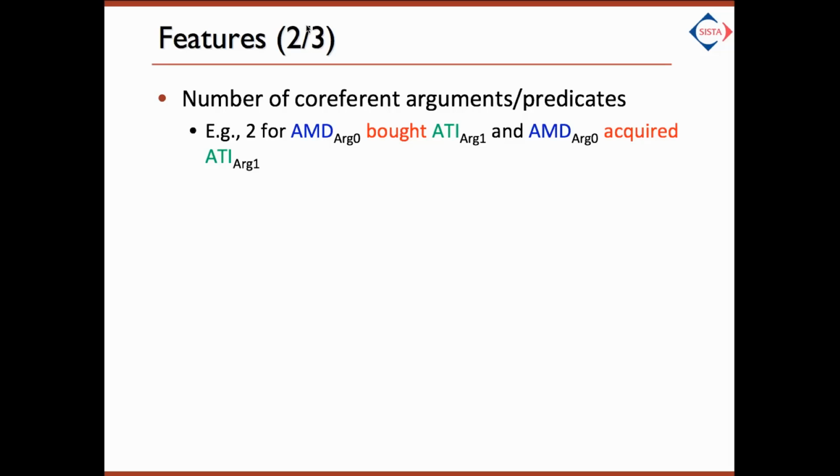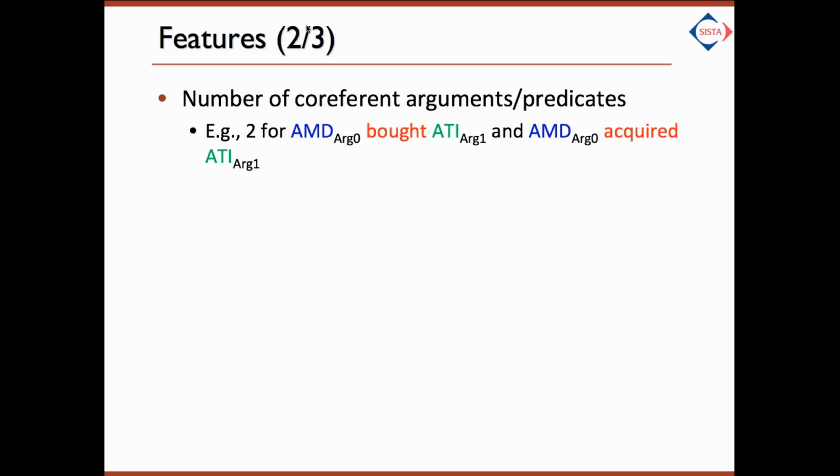You have a predicate, typically a verbal predicate, although it has been extended to nominal predicates recently, and you have the arguments of the predicates. Who's the agent? Who's the patient? What's the theme? What's the location and the time of the action? So here, for the predicate bought by, we have arg0, which stands for agent. The agent is AMD. The patient, which is arg1, is ATI.